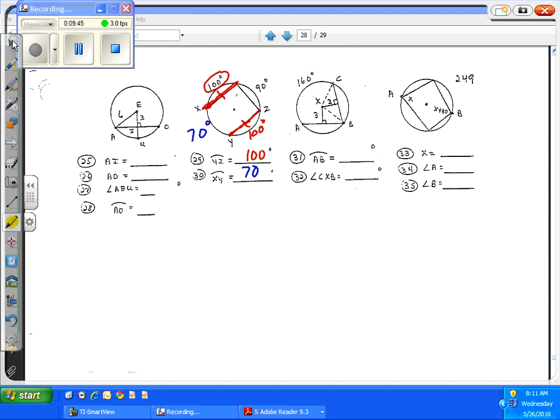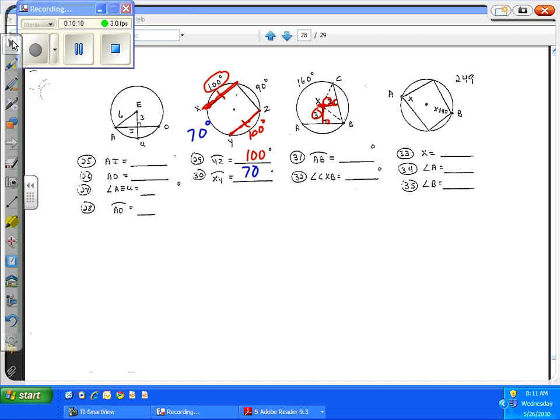Number 31 and 32. We have the distance from the center to this chord is 3. The distance from the center to this chord is 3.